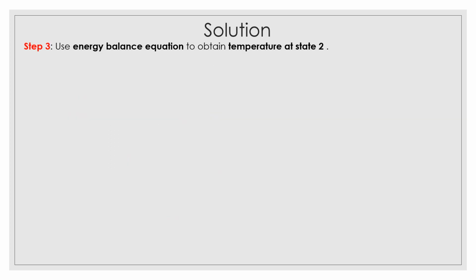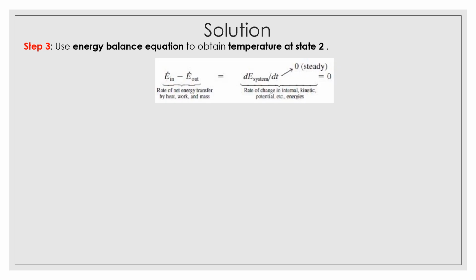Step 3. Use the energy balance equation to obtain temperature T2 at the exit of the nozzle. Using the energy balance equation, energy in minus energy out equal to the rate of change in energy of the system, dE system over dt. But knowing from the question, the condition is steady state, or no change with time.